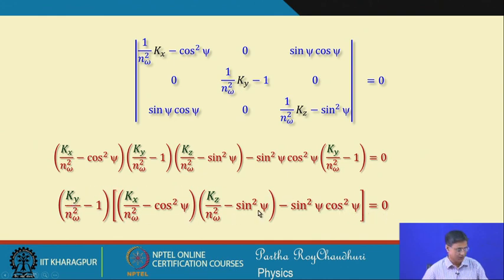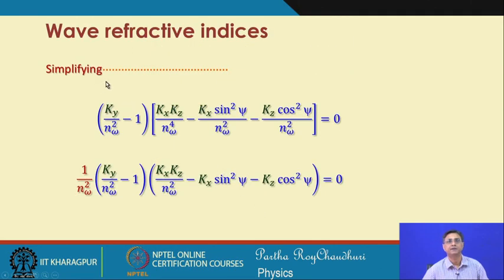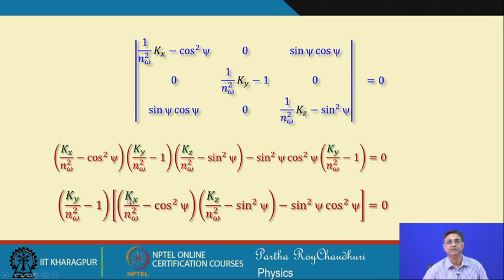So, this reduced equation, if I simplify, if I again multiply this, it will give you cosine square and sin square product, which will cancel because minus and minus will give you plus. So, sin square psi and cosine square psi will identically vanish.